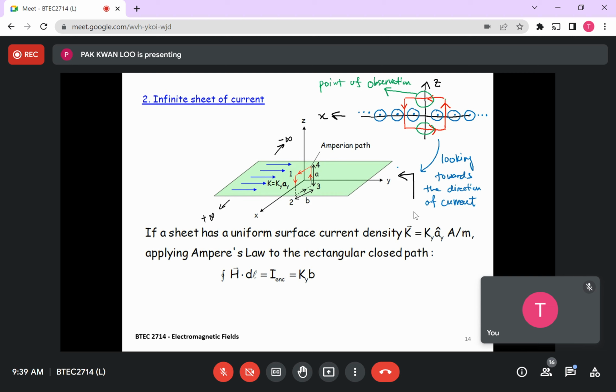A rectangle will be suitable for such a surface current distribution. Here we apply the right hand rule. This current here is pointing out, so every current element is pointing out.